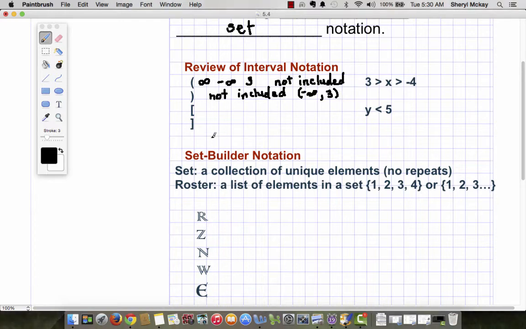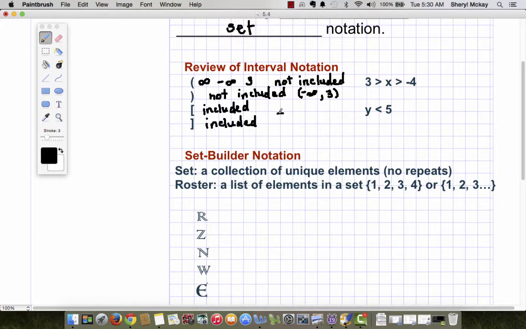So that's one example. Brackets mean the same thing. Opening means included. Okay, the first number, the starting number, is included, and the closing bracket means the closing number is included. So we can have any combination.